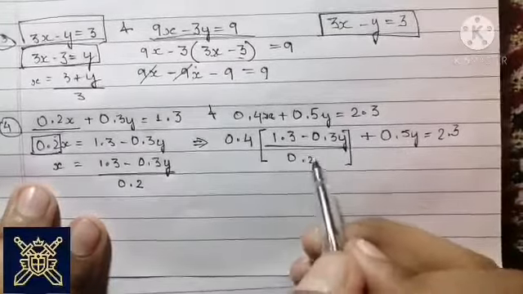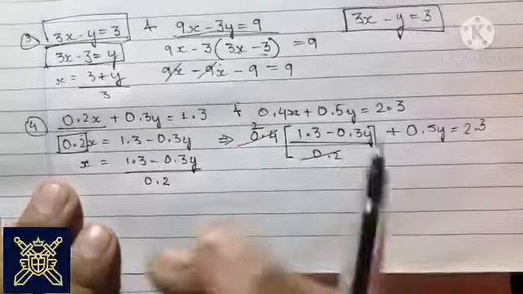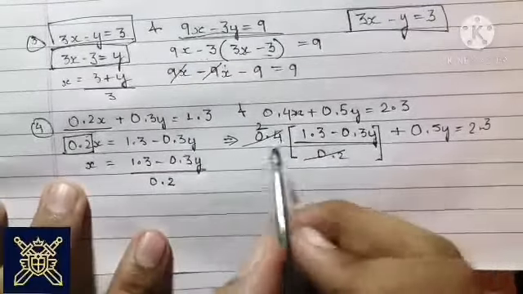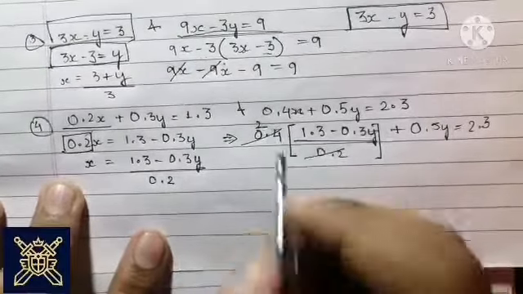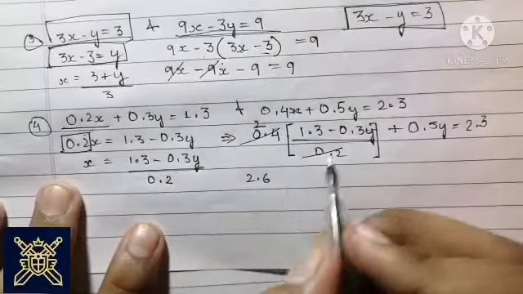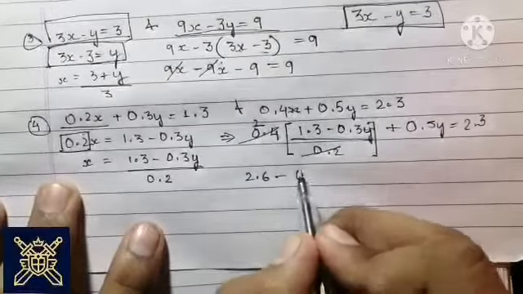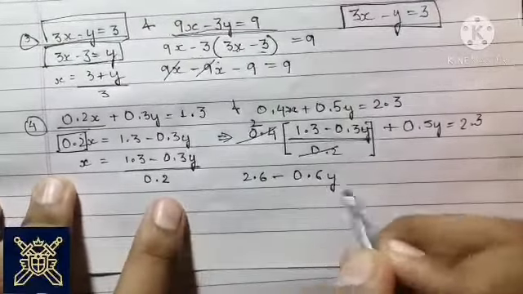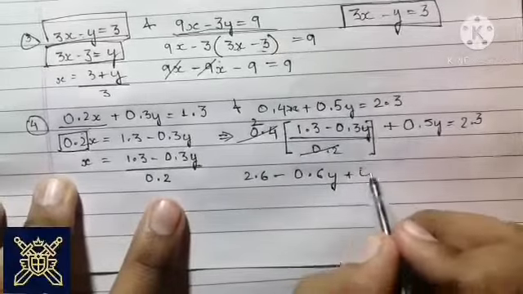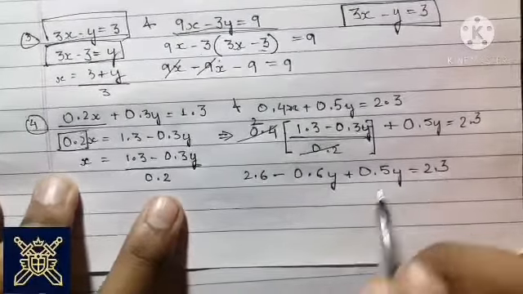So now you can cancel this 0.2 and 0.4. This leaves you with 2. So now you can multiply all of these two terms by 2. So 1.3 into 2 is 2.6 minus 0.3y into 2, so 0.6y, plus 0.5y equals 2.3.